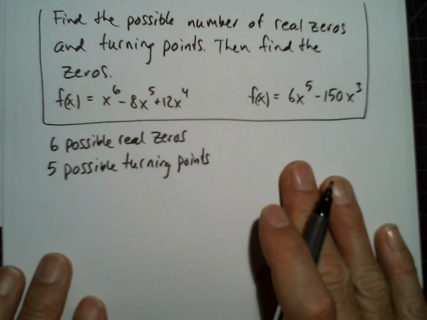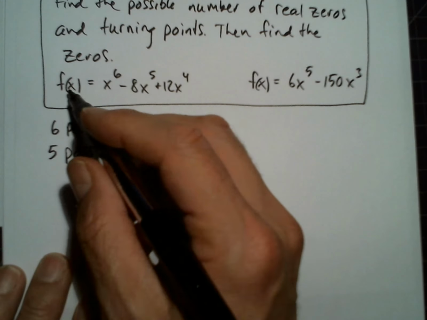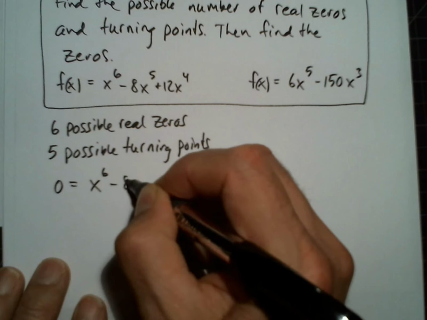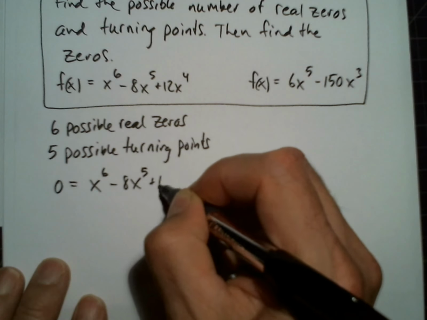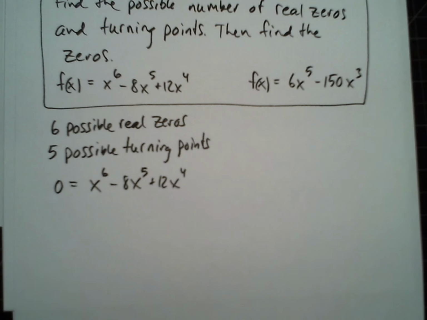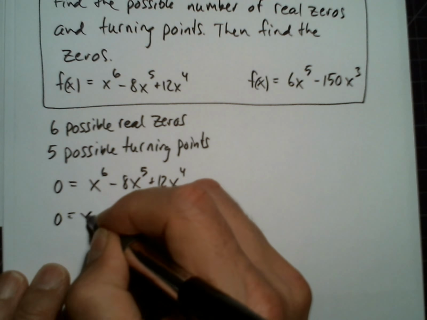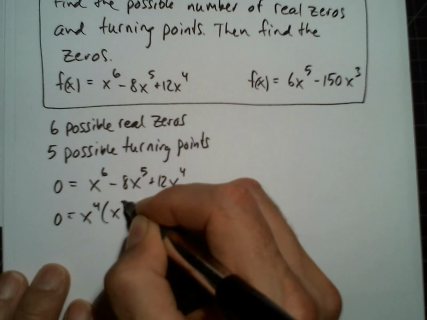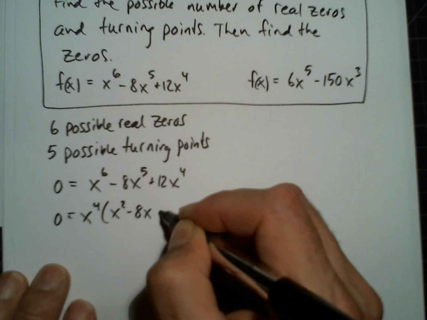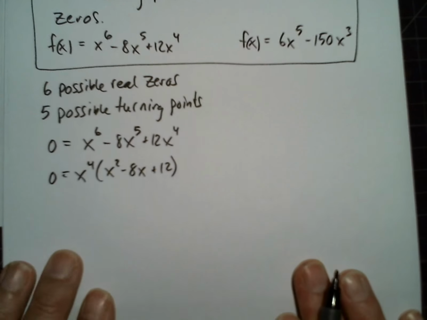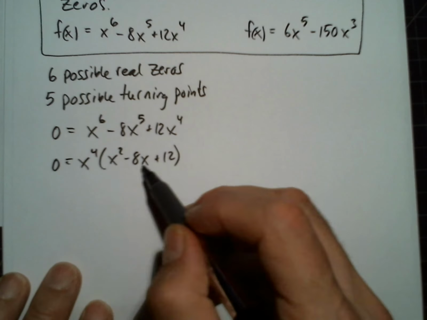Let's go ahead and find the zeros, and that's when we make the y 0. And here we have a common factor of x to the 4th. Factor out x to the 4th. And then we have a quadratic.